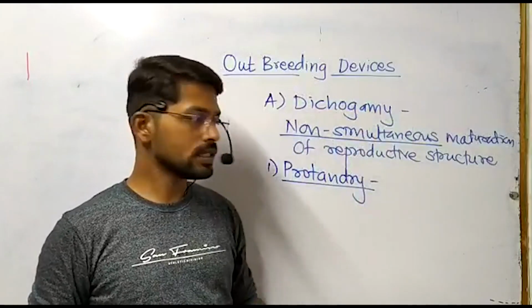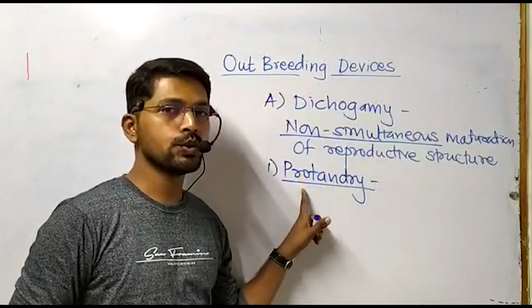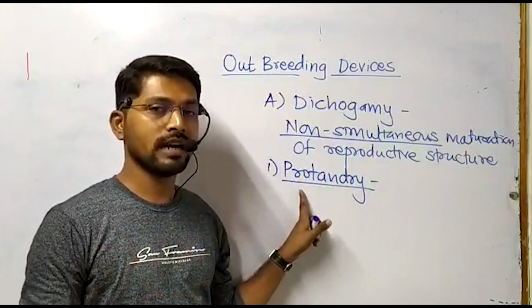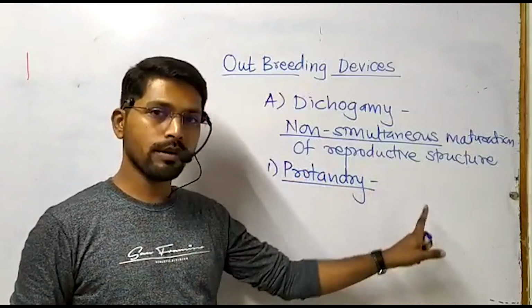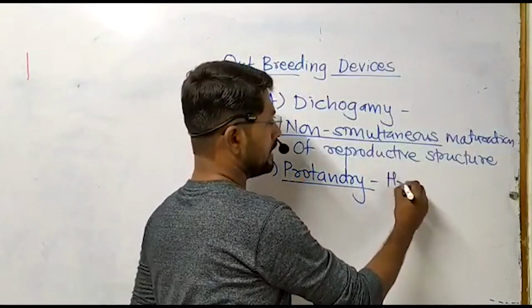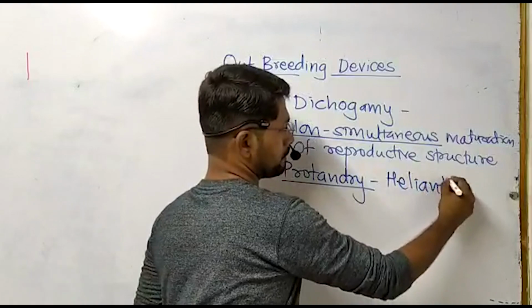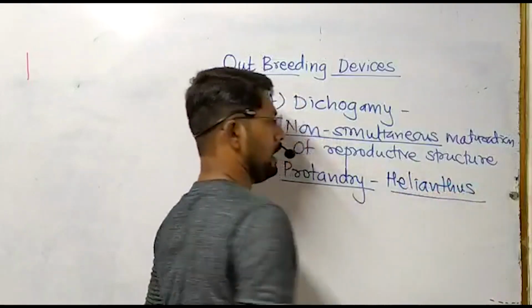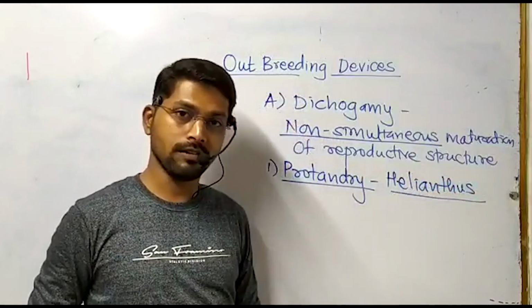So the case where the androecium matures before the gynoecium is called protandry. The best example of protandry is Helianthus, commonly called sunflower.